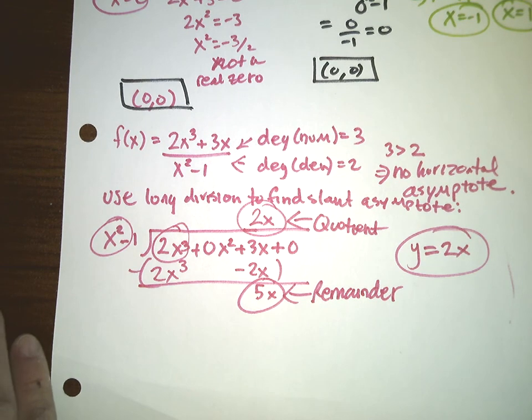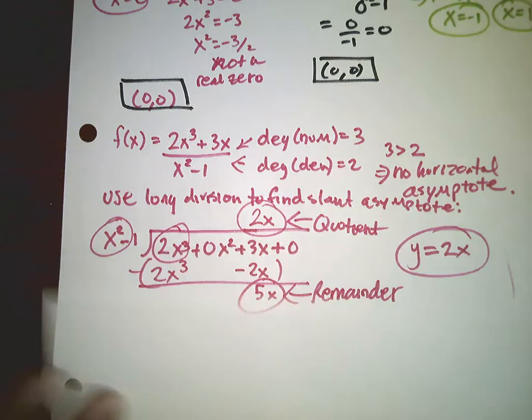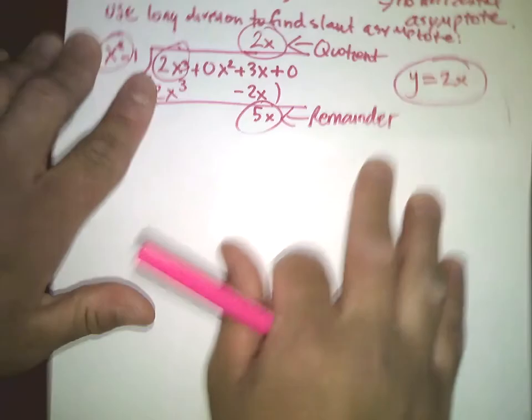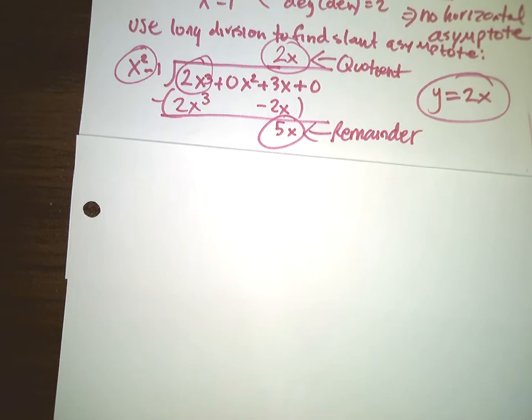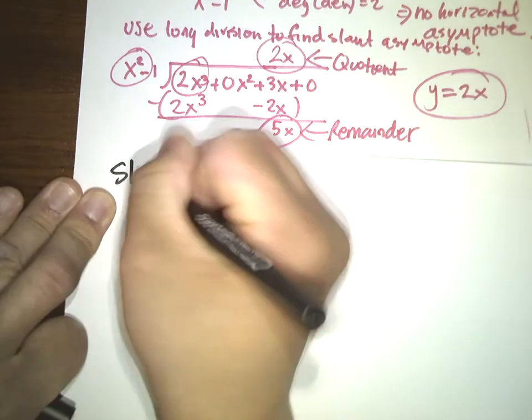Now we have the asymptotes and the intercepts, so we can sketch the graph. Here is a sketch of the graph.